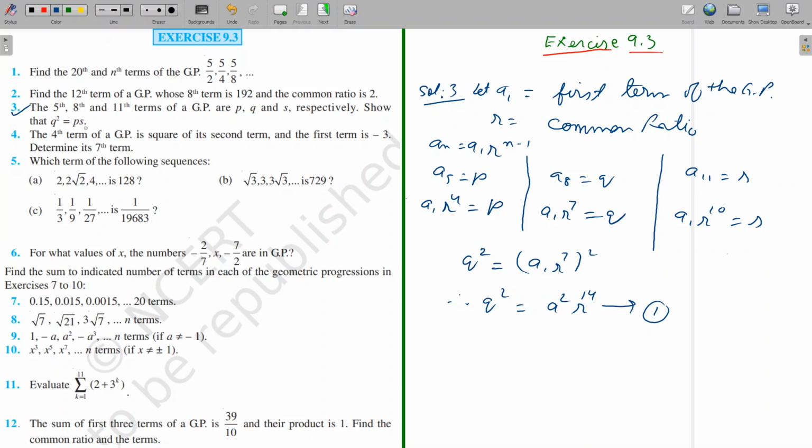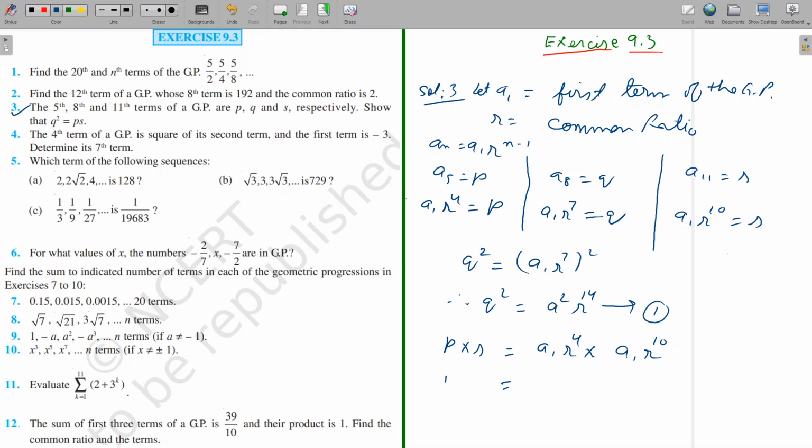Next we have to prove that it is equal to P into S. So let us multiply P and S. P into S equal to, P is A1 R raised to 4, S is A1 R raised to 10, and we know that whenever bases are equal, we can add the powers. What is the exponent of A1 here? 1. What is the exponent of A1 here? 1. So 1 plus 1 will get 2.